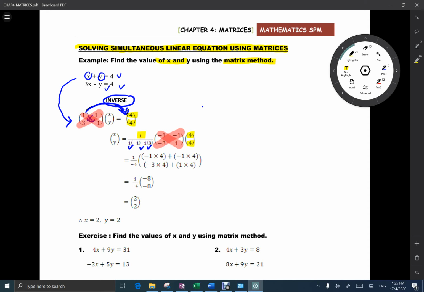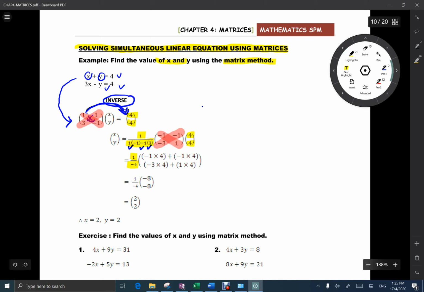Now, next step, you need to solve it. Sorry, betul lah, next step kena solve kan. So 1, sini 1 lah. So 1 negative 1 minus 1 negative 3 akan dapat negative 4.